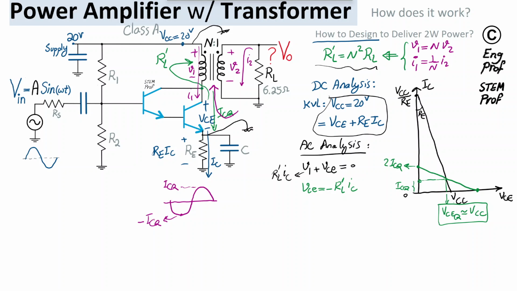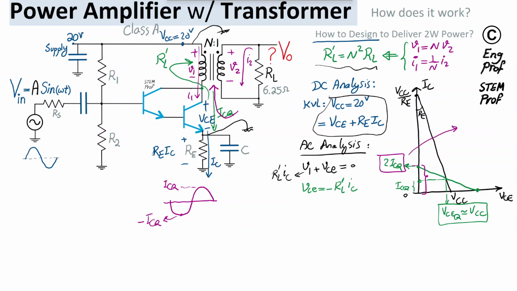When it is plus, then we have effectively double ICQ passing through the transistor. So the Darlington transistor selected should be able to tolerate up to 2 times ICQ, basically up to this value. So this level is going to be the max current that the transistor should be able to tolerate.